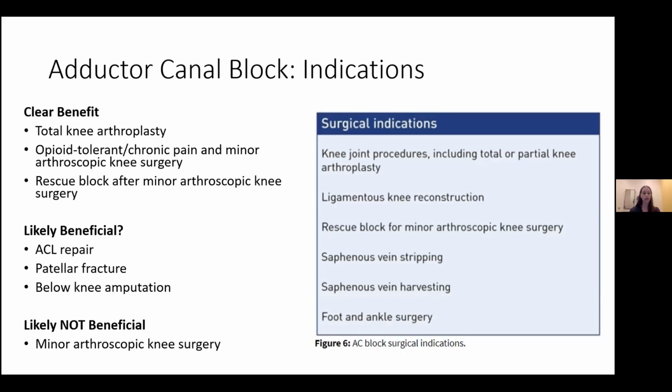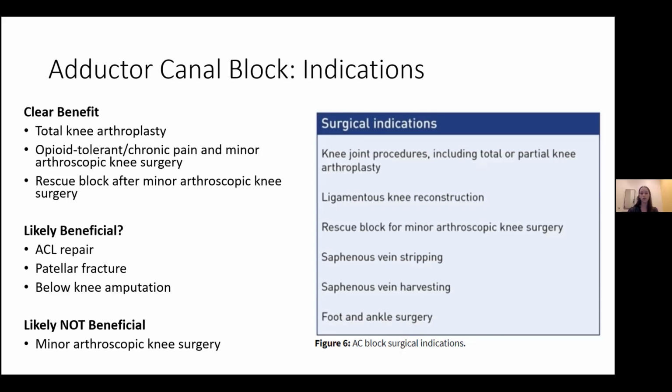There's a little less clear evidence in terms of ACL repair. There are some conflicting studies that show perhaps just local by the surgeon may be enough, but there's been no study showing the combination of the adductor canal block and local anesthetic together by the surgeon. So it's a little unclear if there's really no benefit, but I think potentially there is.